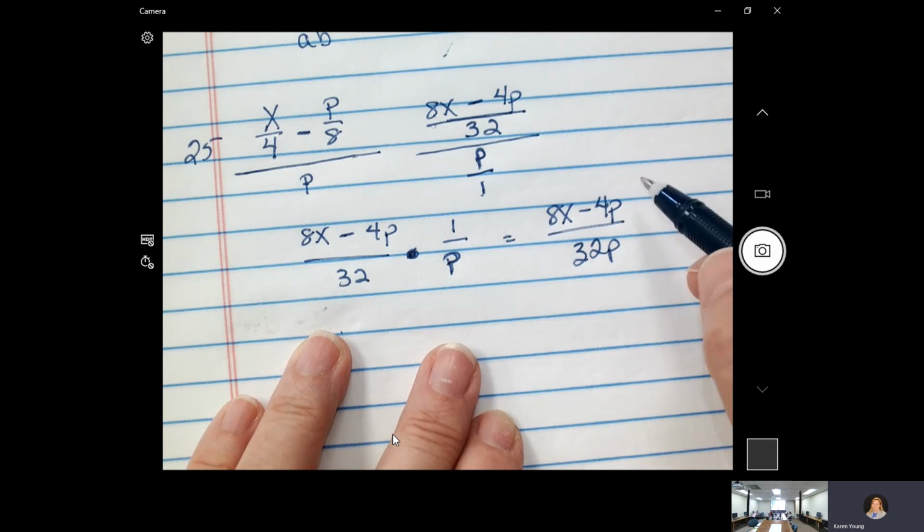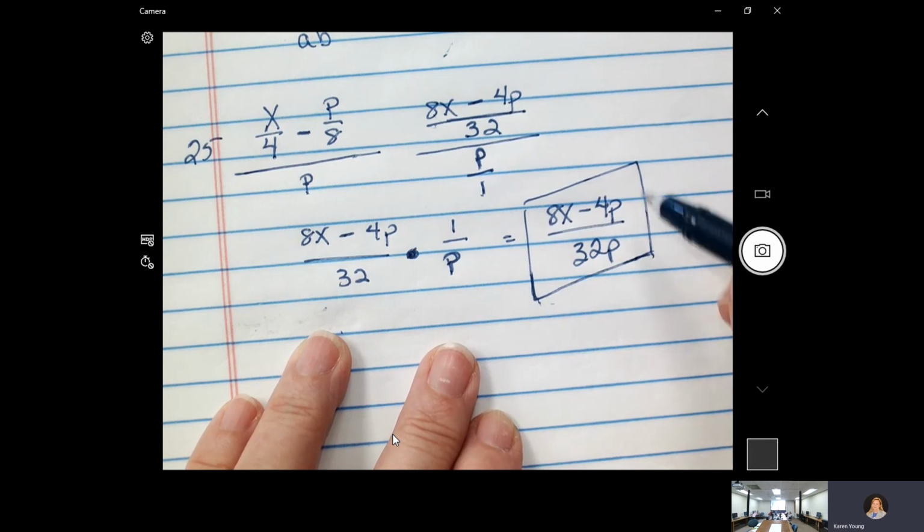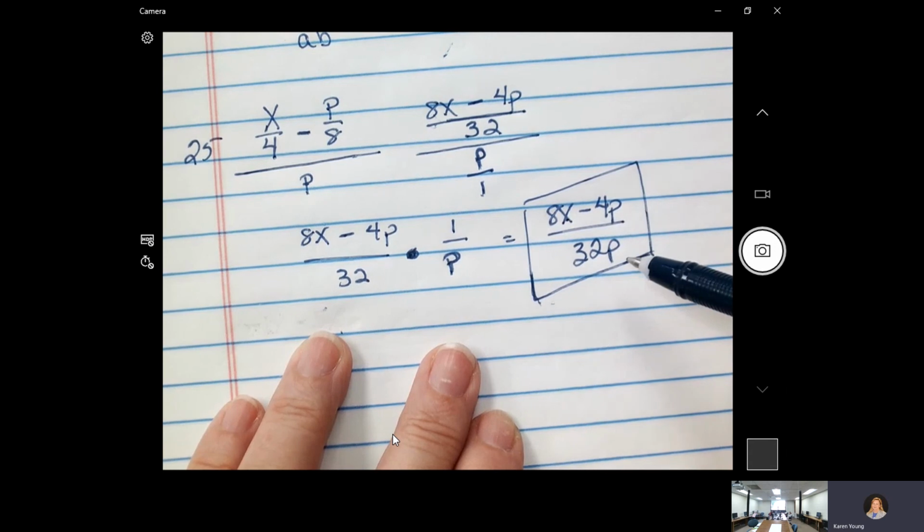Is that going to be the answer? Well, for now, that's going to be the answer. I don't want to confuse you with canceling everything. Can't you put like a 4p on the outside? I can't take a 4p out of all of them because this was an x. But I could take a 4 out of all of it.